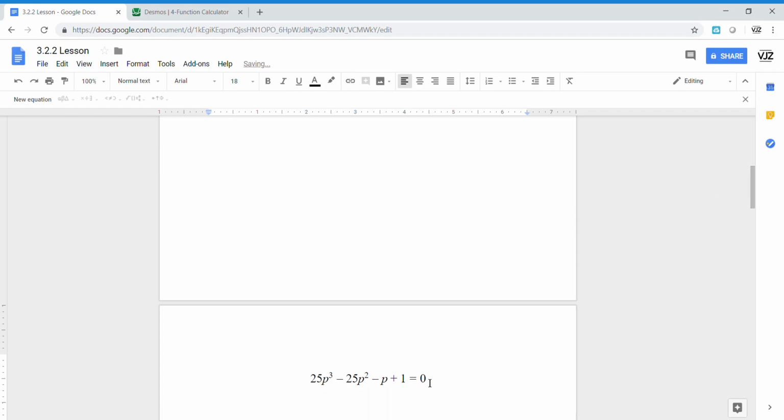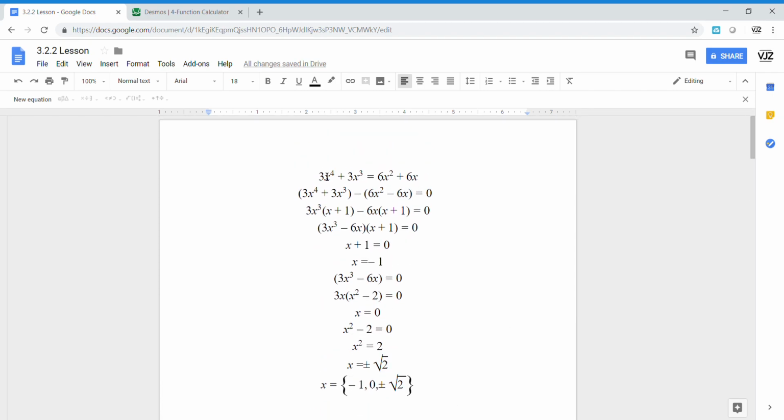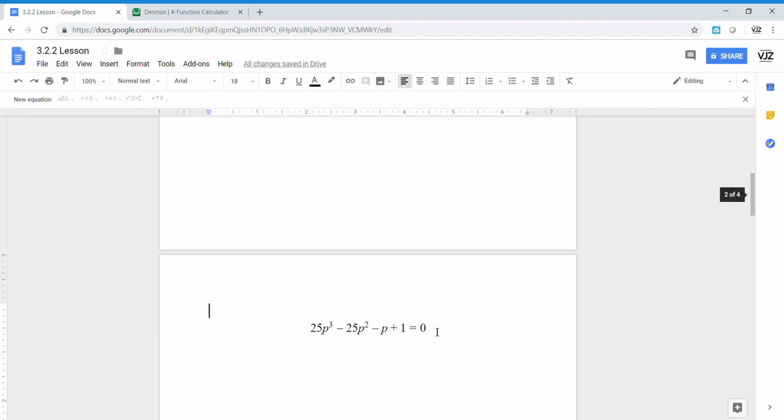Okay, let's solve this equation. Oh, look, four terms again. This is easy. All we have to do is the following. Let me just group this with this, and this with this, and then we'll hit enter. Okay.